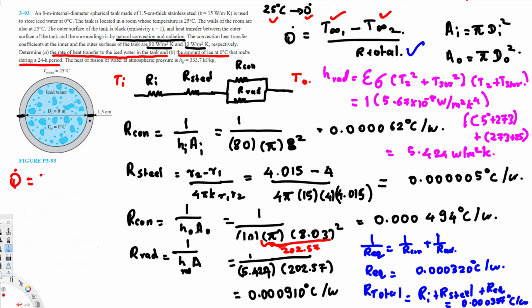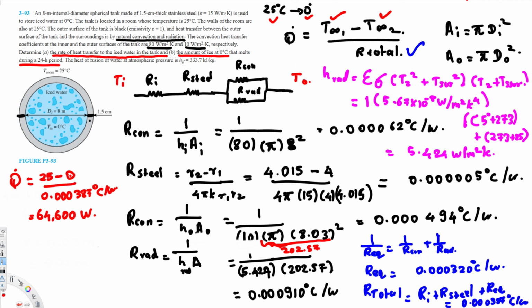So this is going to be 25 minus 0 divided by 0.000387 degrees Celsius per watts. And if you calculate this one, that's going to give you 64,600 watts. So this is the answer for the first question.